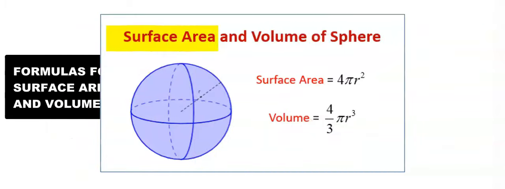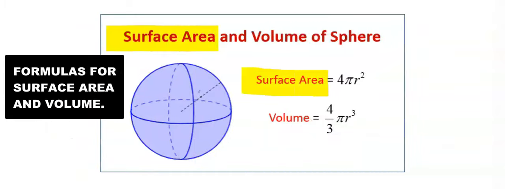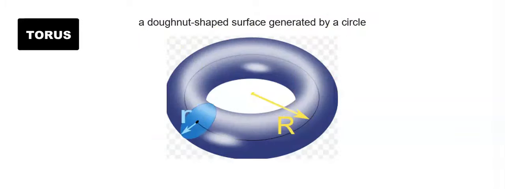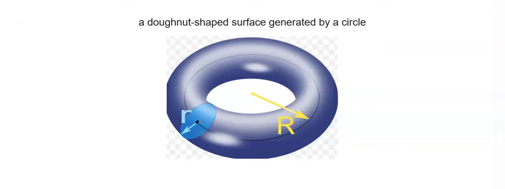The surface area of a sphere is 4 pi r squared, while the volume of a sphere is 4 over 3 multiply pi r cubed. A donut shaped surface generated by a circle is simply known as a torus.